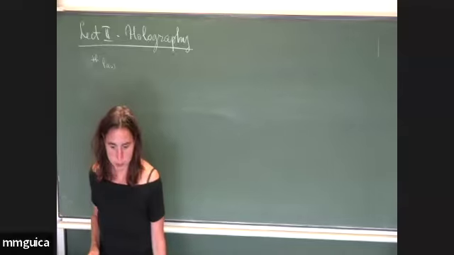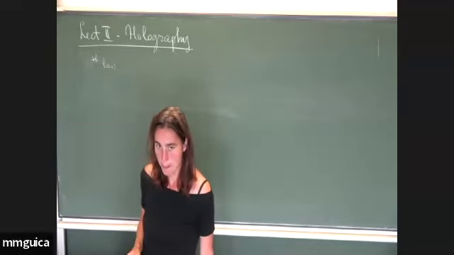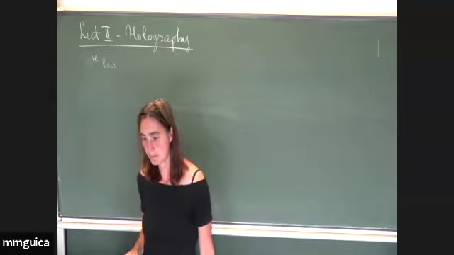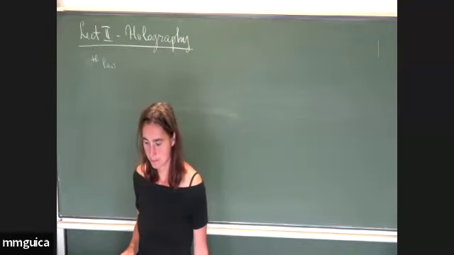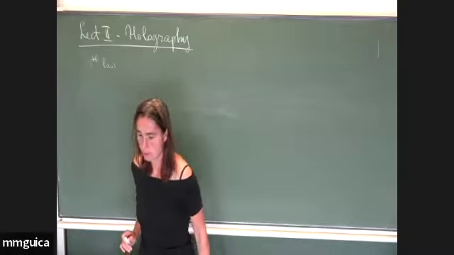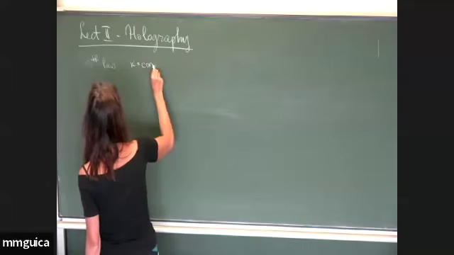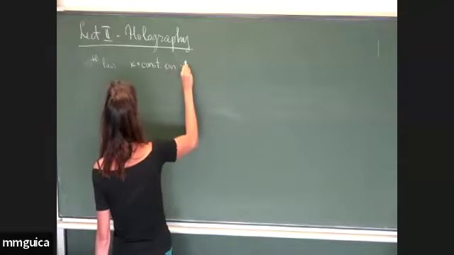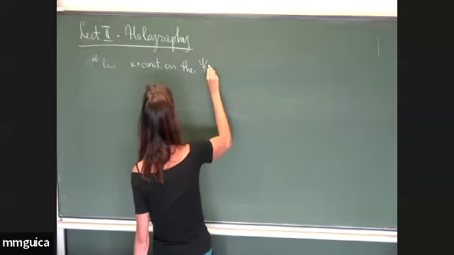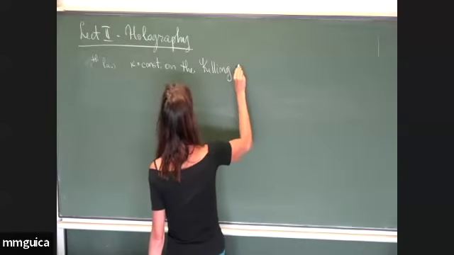Maybe somebody can tell me what the zeroth law was. That was associated to the surface gravity being constant, yeah. So it was indeed related to the surface gravity being constant on the Killing horizon.